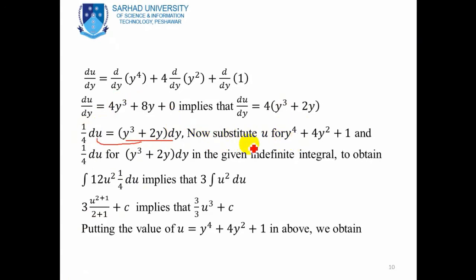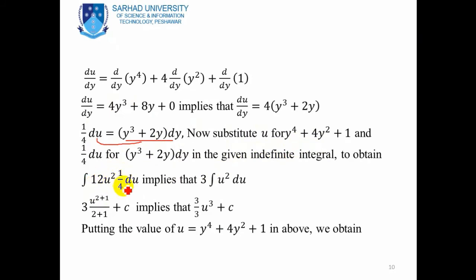Now, putting the supposition u for y power 4 plus 4y square plus 1, and 1 over 4 du for y cube plus 2y into dy in the given integral, we obtain integration of 12 into u square into 1 over 4 du.